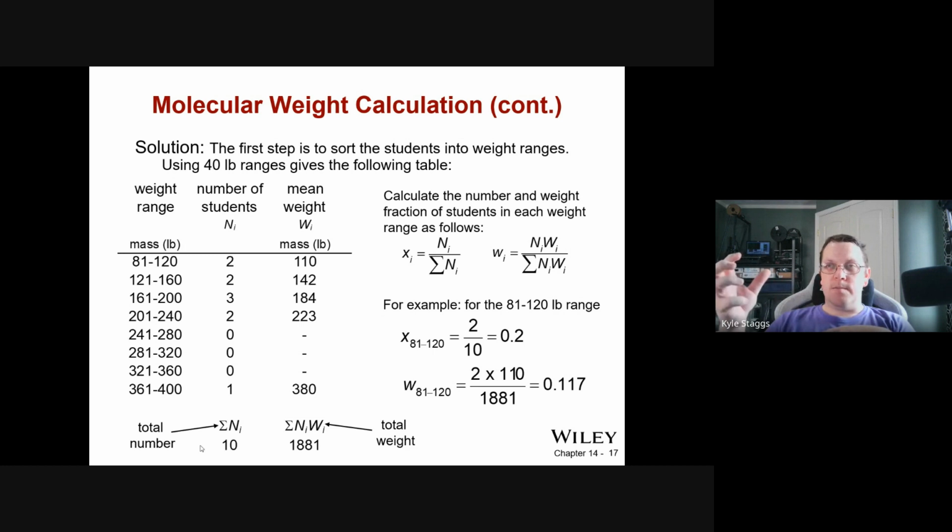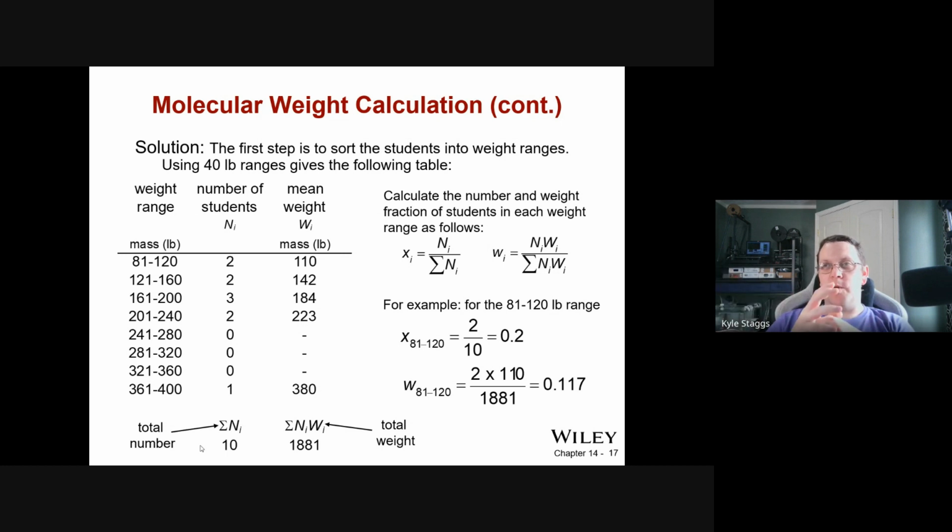So in that 80 to 120 pound range, we've only got 2 out of the 10 total, and so that's 0.2, and our weight fraction for that. So the weight range versus the number range, the weight range would say 2 times 110, the actual weight itself, because it's the second formula there, the N times W over the sum of the NWs, which is 1881.